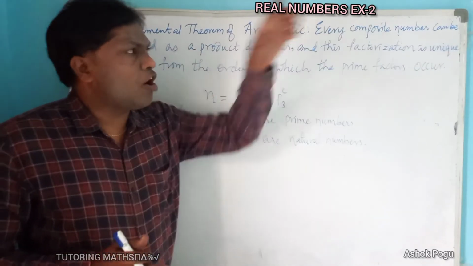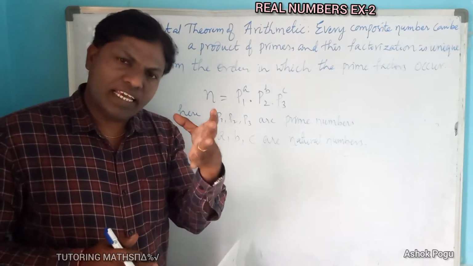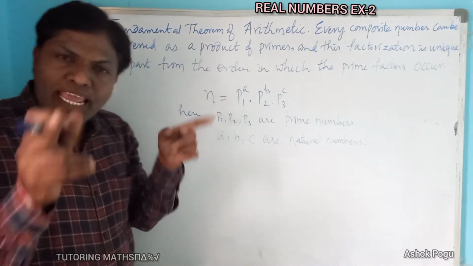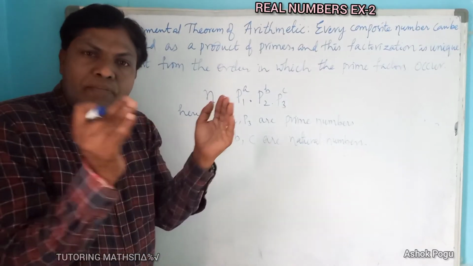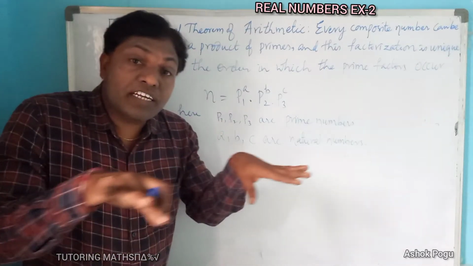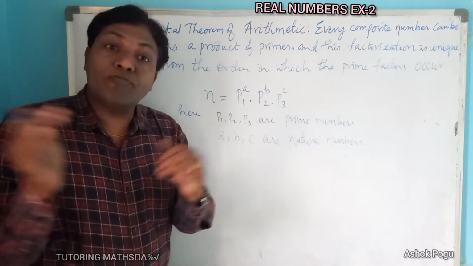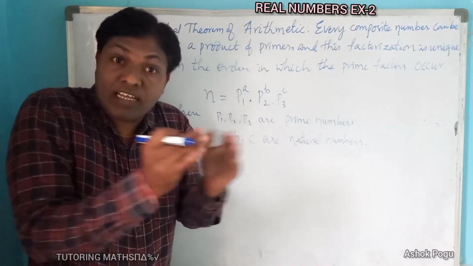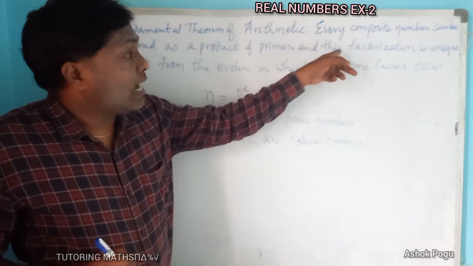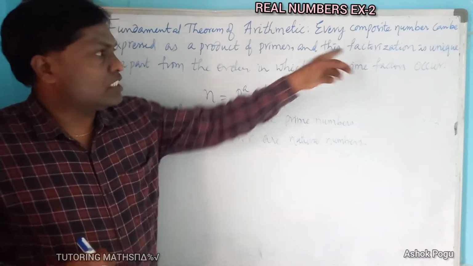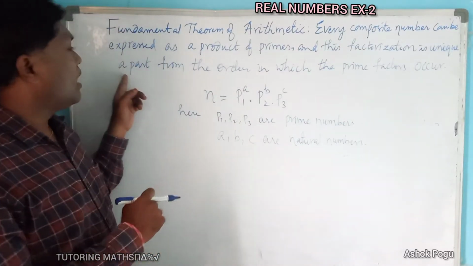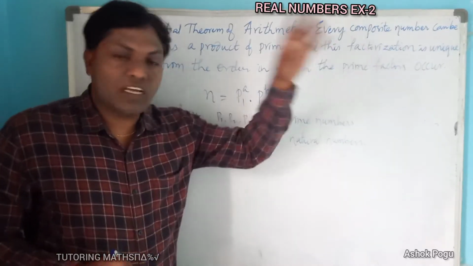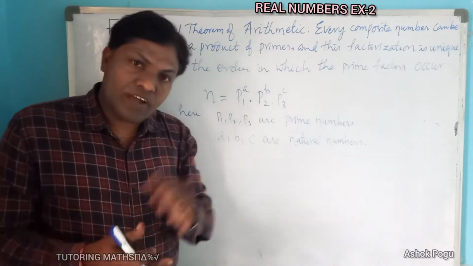Every composite number can be expressed as the product of primes, and this factorization is unique, apart from the order in which the prime factors occur. Always we get prime factors.